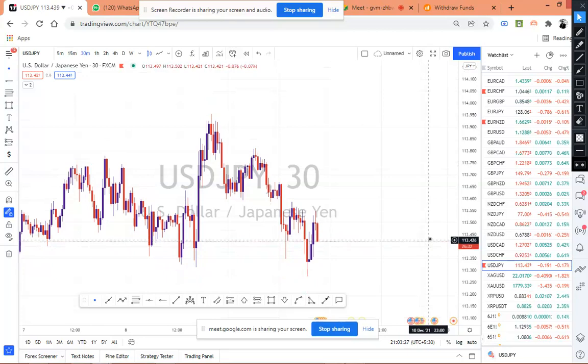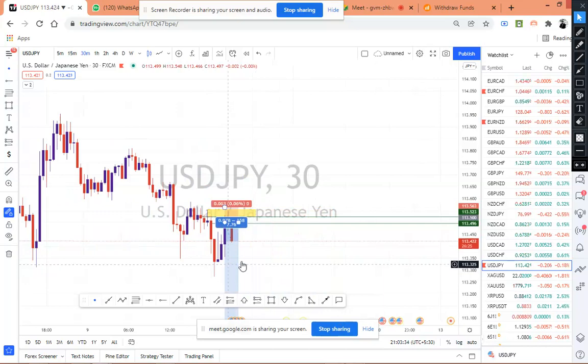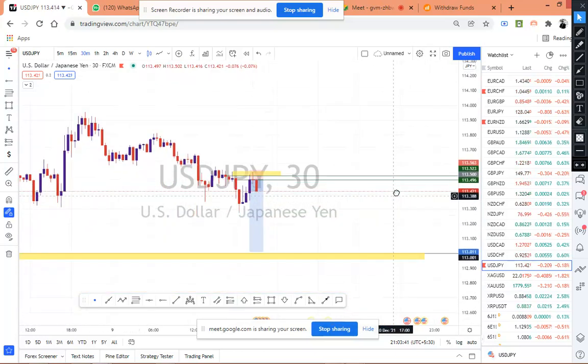Okay, USDJPY is moving nicely to the downside and is now about 7 pips.